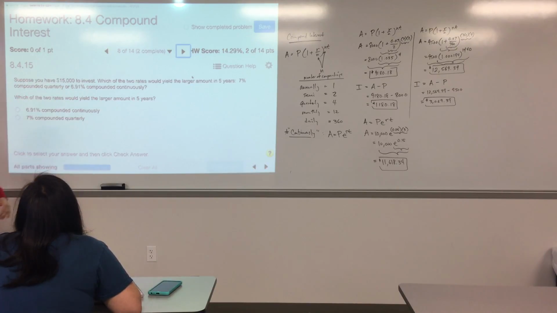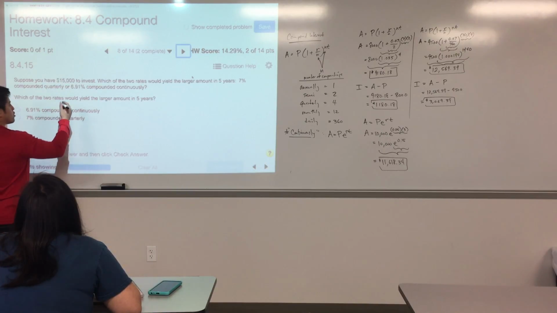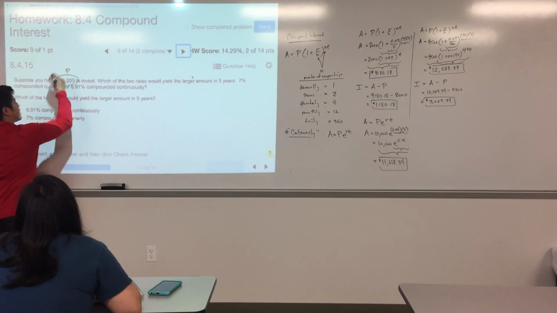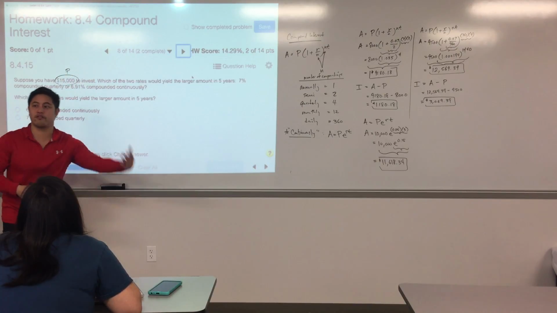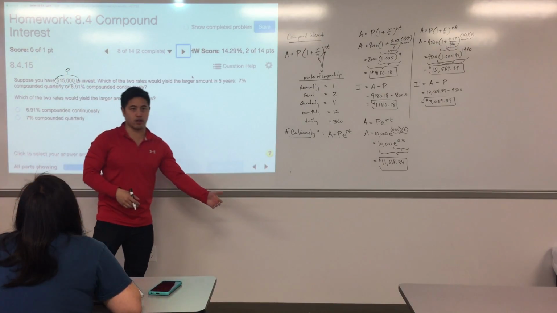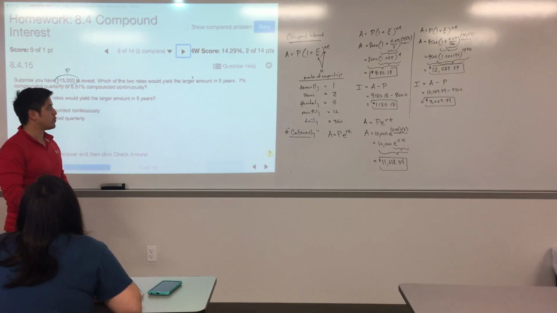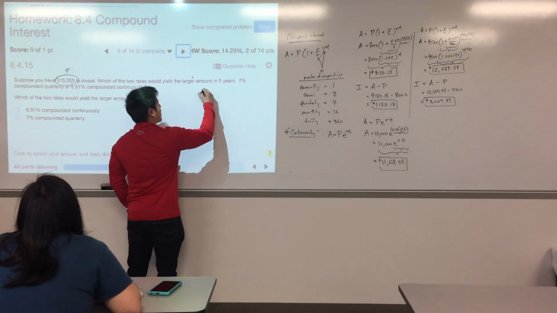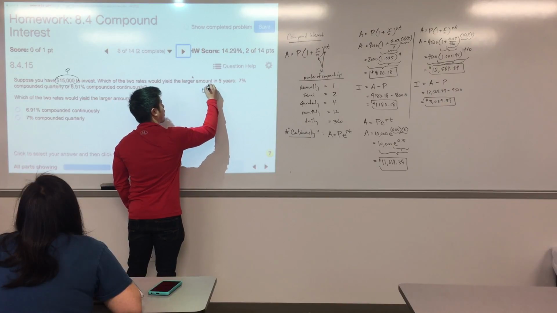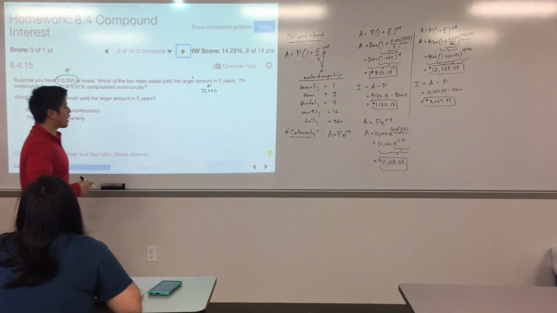We have $15,000 to invest. What's that number? It's your P, right? It's going to be invested. So it's not the future value. It's what you're putting in right now, the present principal. Okay? So we have $15,000 to invest. All right? Everybody agree? Okay?